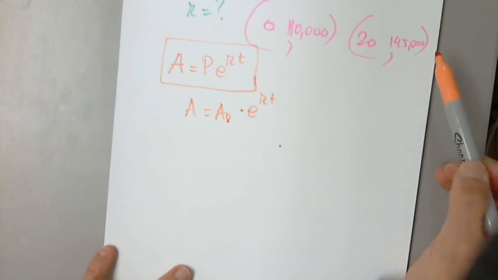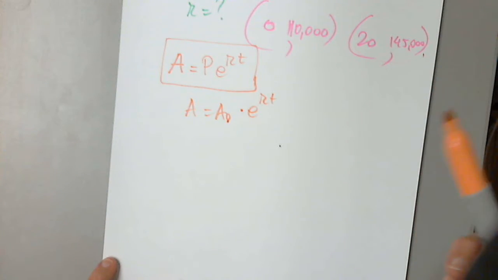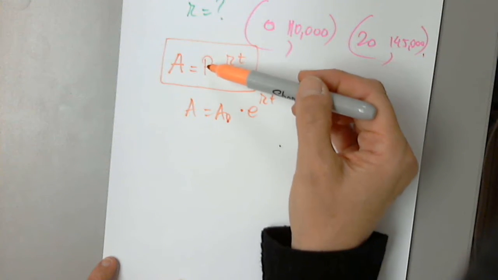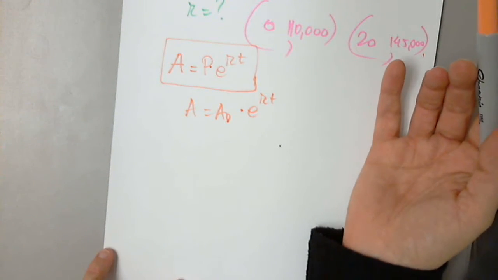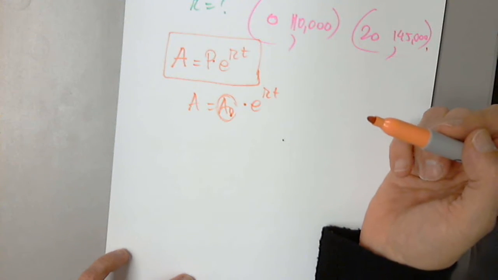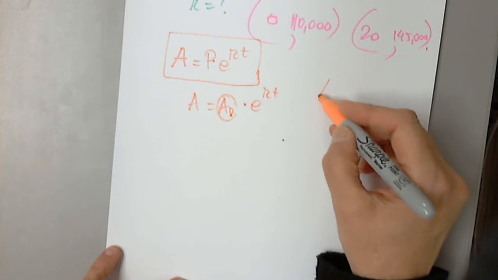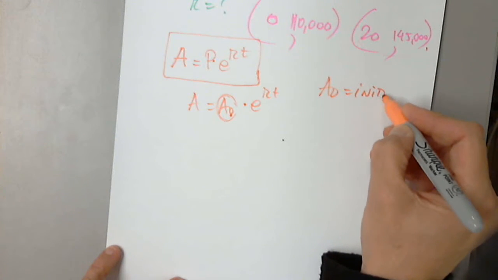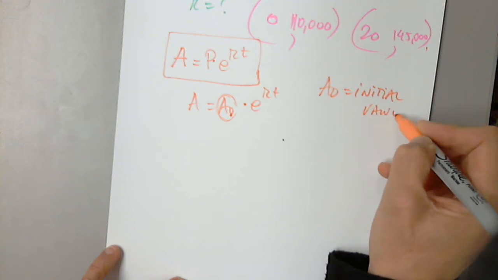And after 20 years, we're going to have this. So I just changed the notation from the principal, because we're not depositing money, into the original value, A0. A0 initial value.